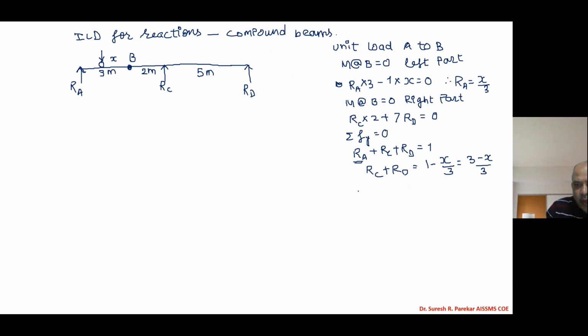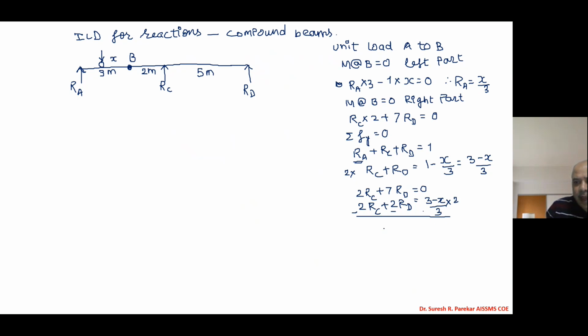Now we have 2RC plus 7RD, and that is equal to 0. We will multiply this equation by 2, and then we will have 2RC plus 2RD, and that is equal to 2 into (3 minus x) by 3. Sorry, we have to multiply it also by 2.